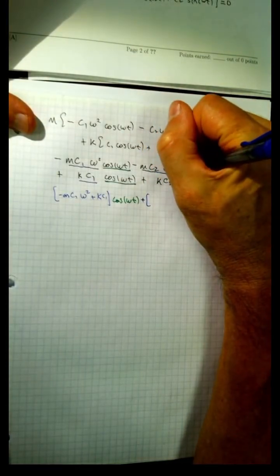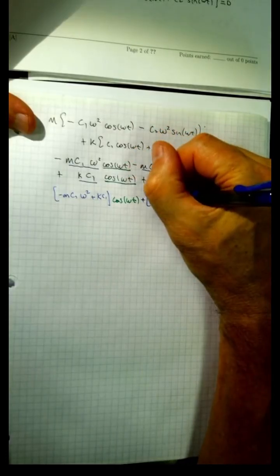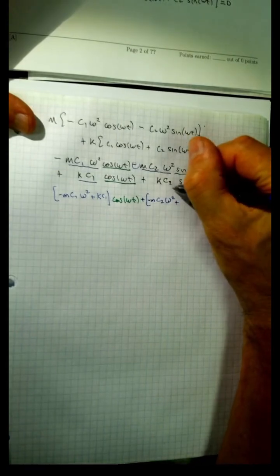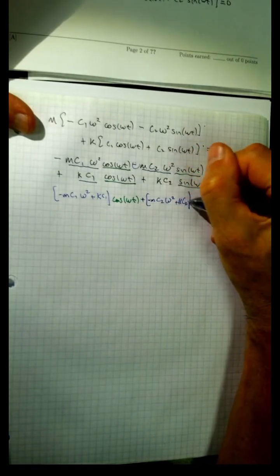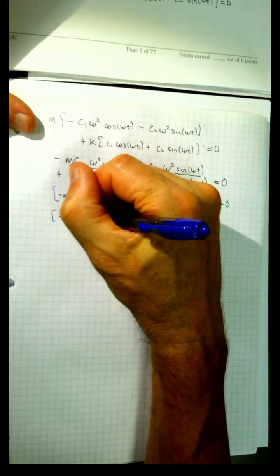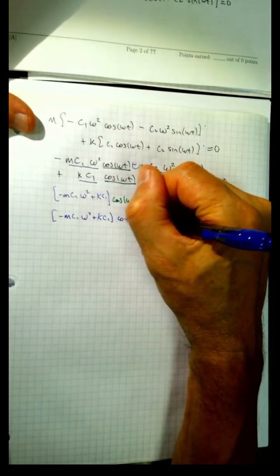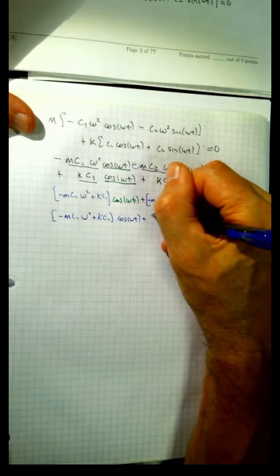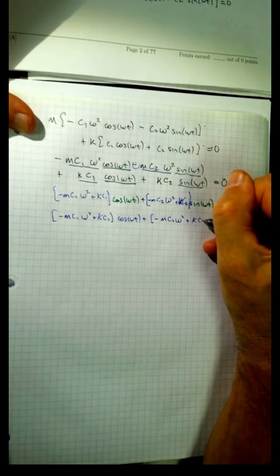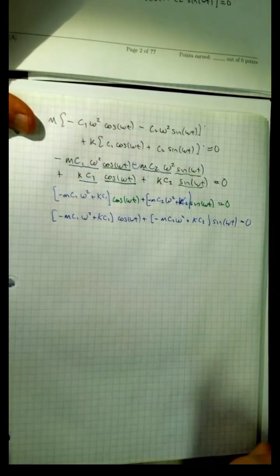So I can factor out m c2 omega squared. Now I'm going to be careful, it's minus that, plus k c2. I'm going to rewrite this. So minus m c2 omega squared plus k c2 sine omega t is 0.